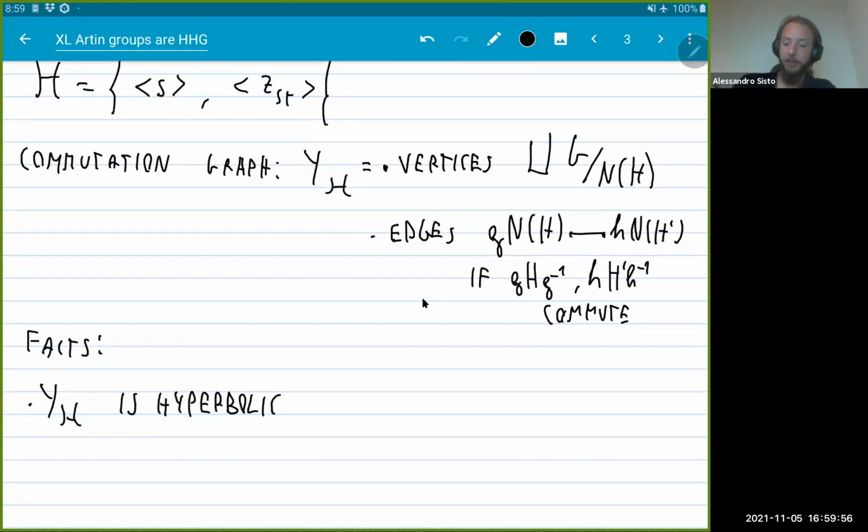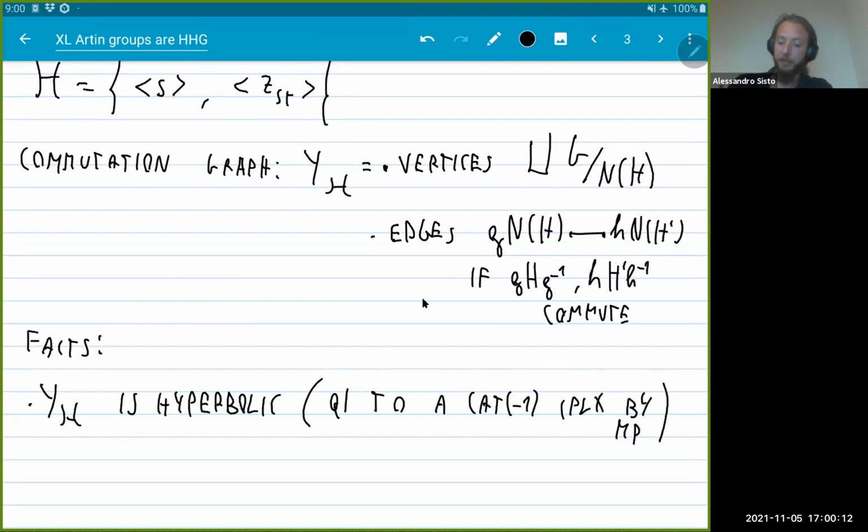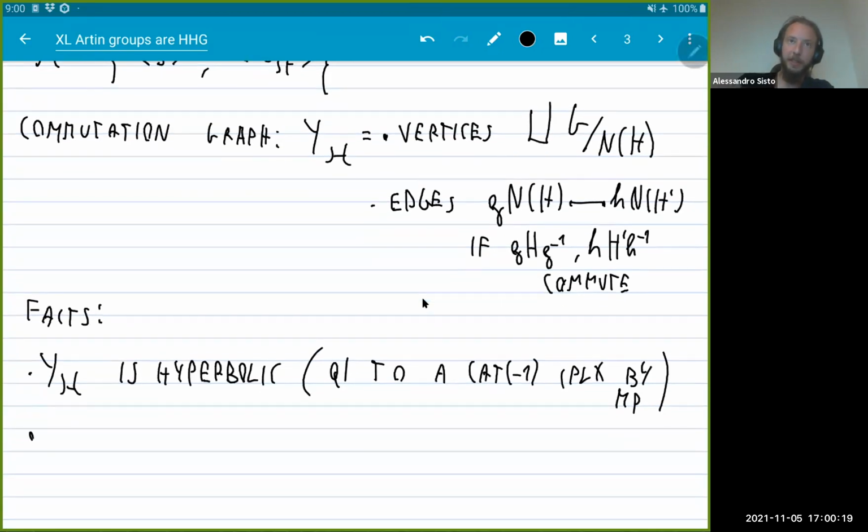And actually the work was already done by Martin and Przytycki, because in their paper, they construct a certain CAT(-1) complex, which is quasi-isometric to this commutation graph, and that's how we know that it's hyperbolic. This is not a tree, but it has no triangles or squares, which helps with the combinatorial parts of the definition of the criterion.